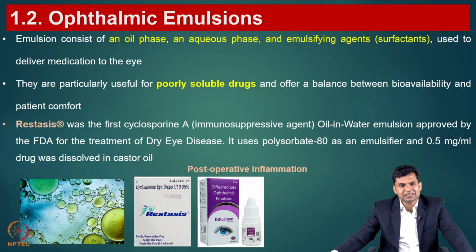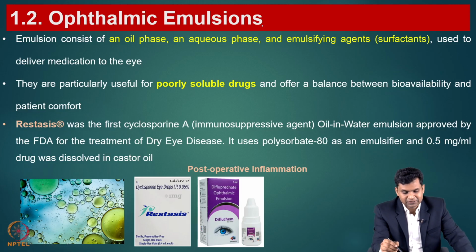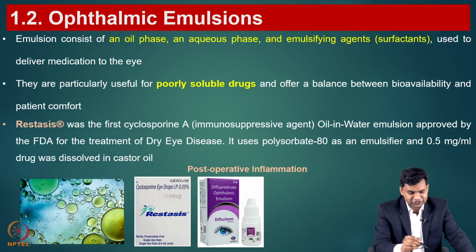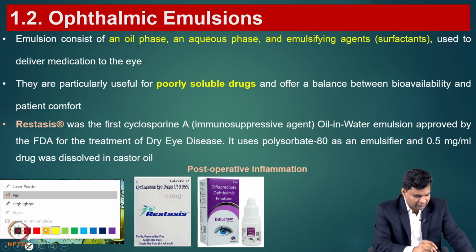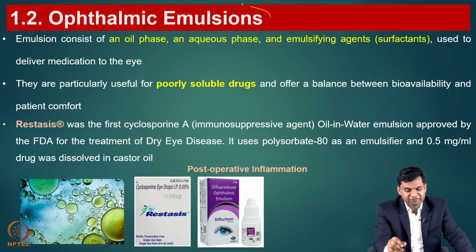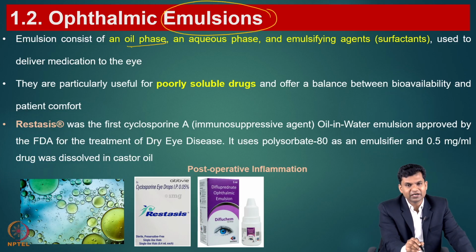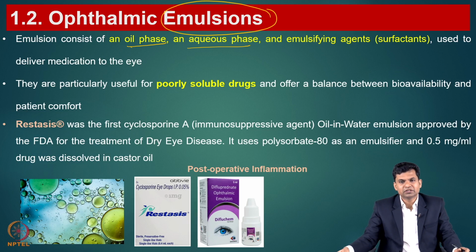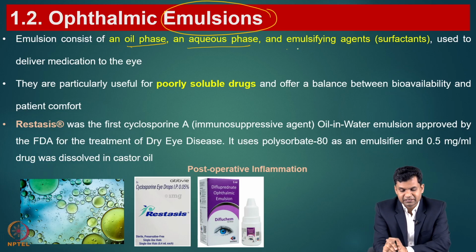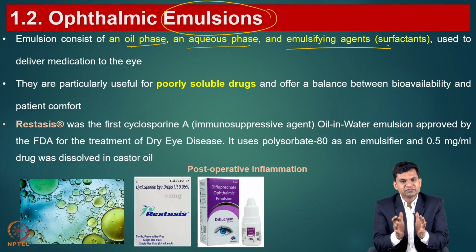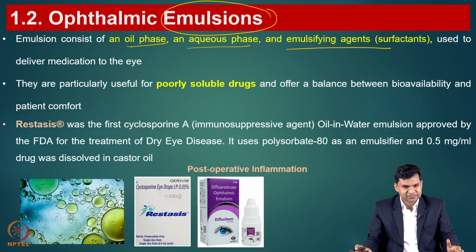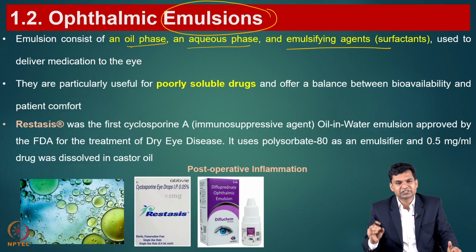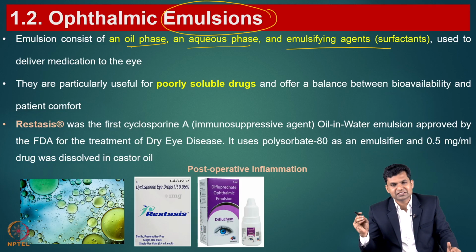The second class in the liquid dosage form is ophthalmic emulsions. Here these are biphasic systems which contain the oil phase as well as the aqueous phase. We use an emulsifying agent which will reduce the interfacial tension between the oil and the aqueous phase.